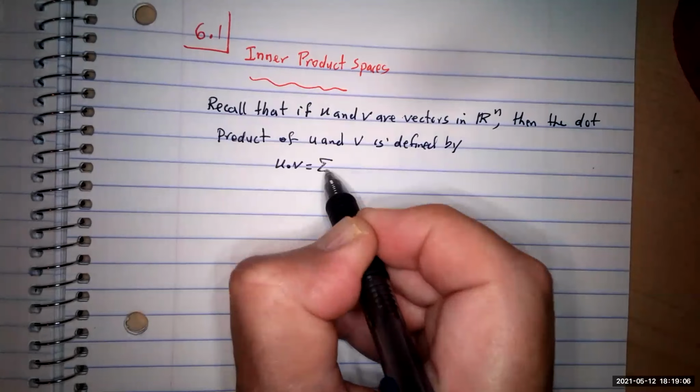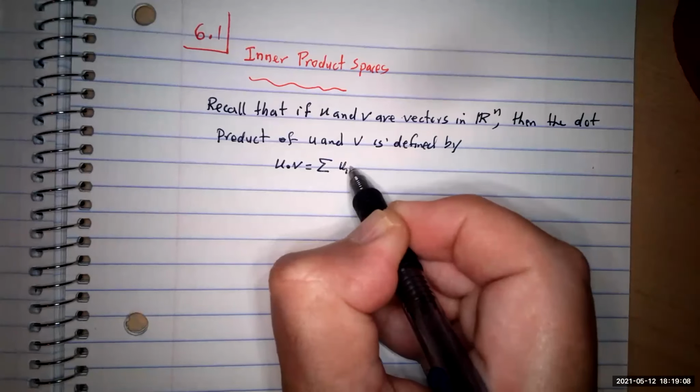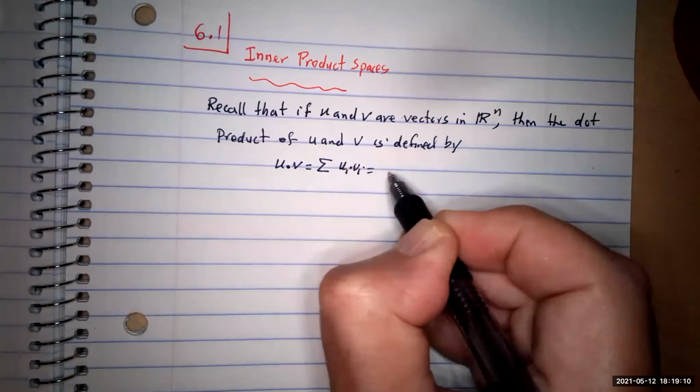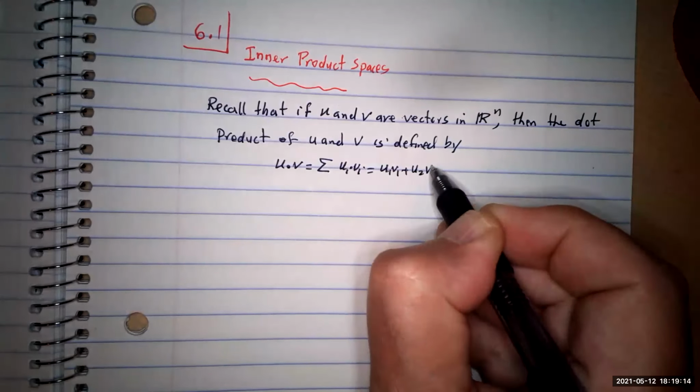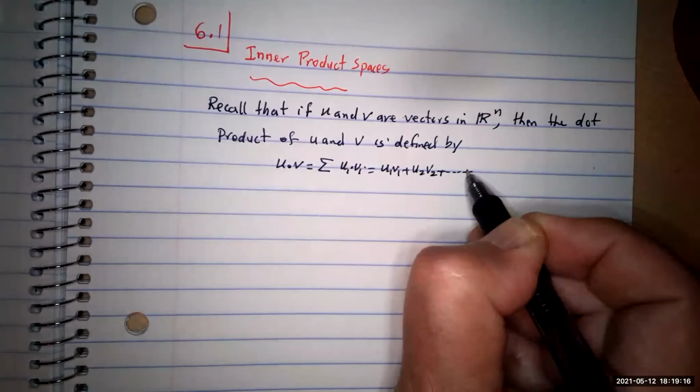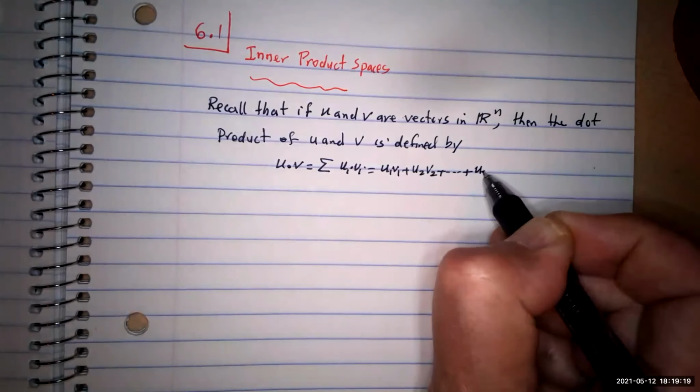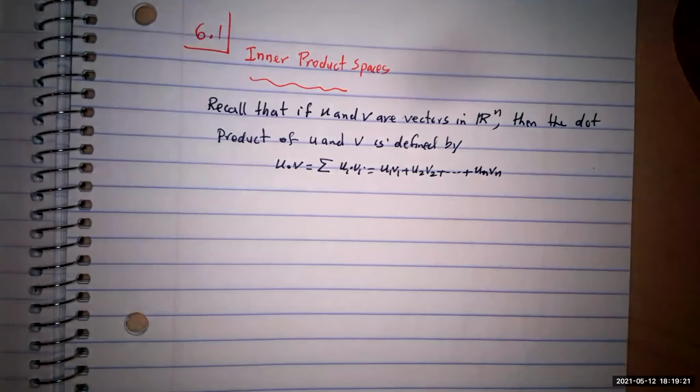We defined it to be the sum of ui vi, which is u1 v1 plus u2 v2 up to un vn.